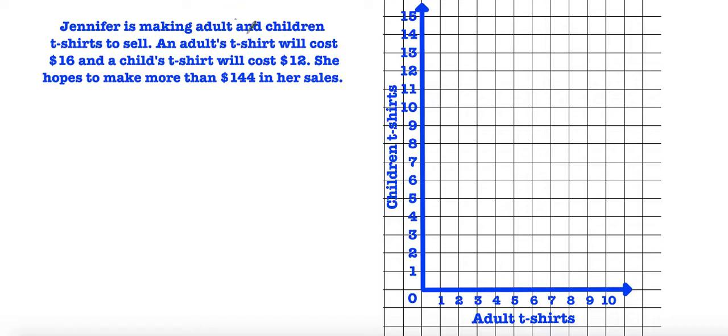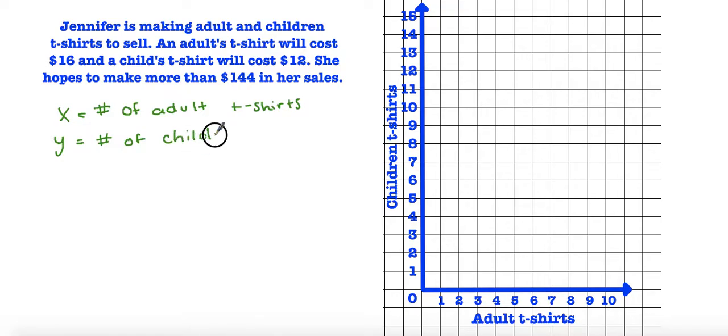So, just like our coordinate here, x represents the number of adult t-shirts. y represents the number of children t-shirts.